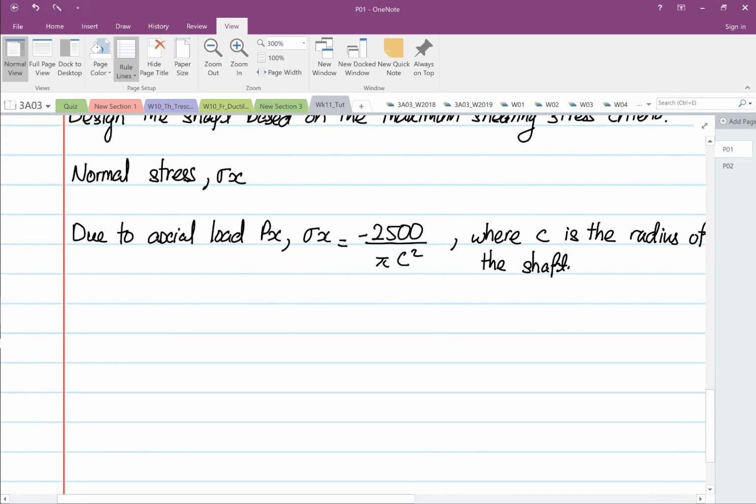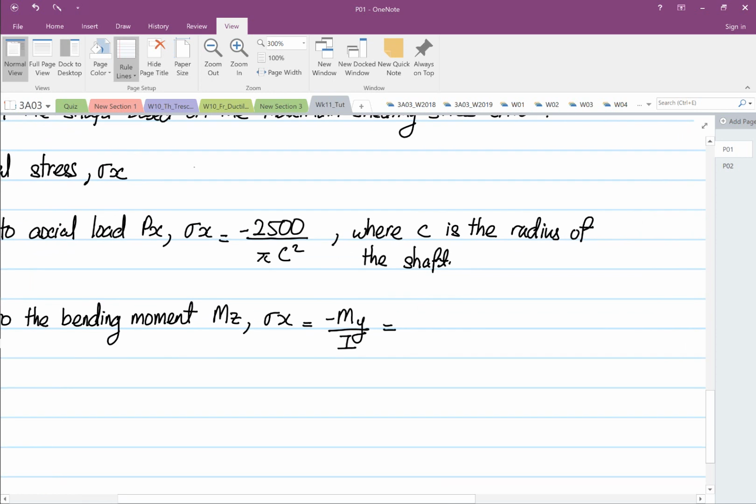Okay, and then due to the bending moment, so we have M in the z direction, so stress X will also be equal to minus My over I. So this will get us to be minus 18,000 multiplied by c, which is the radius, then pi over 4, and then we have c to the power 4.